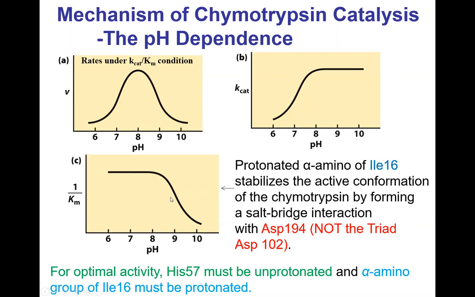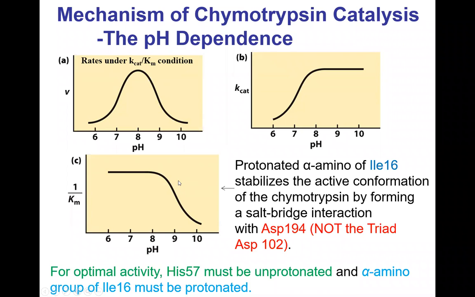Km increasing means the affinity for the substrate must be decreasing, not good for catalysis, right? So there must be something going on after pH 8, where deprotonating maybe another group is really bad for substrate binding, right? That's what you get from this plot.